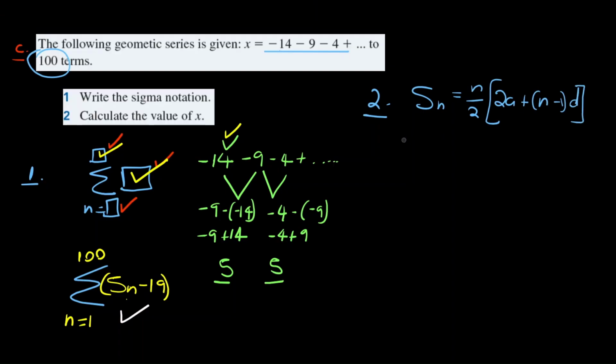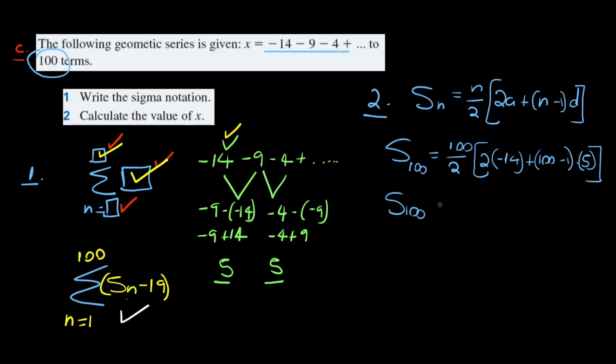So we'll be calculating the sum of 100 terms. n will be 100, 2 times our a value of negative 14, plus n, which is 100, minus 1 times our constant difference, which is 5. So we need to calculate what the sum is.